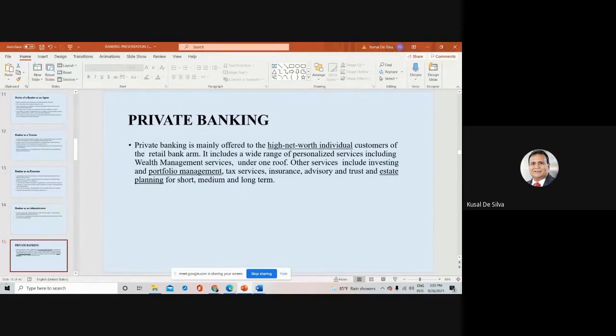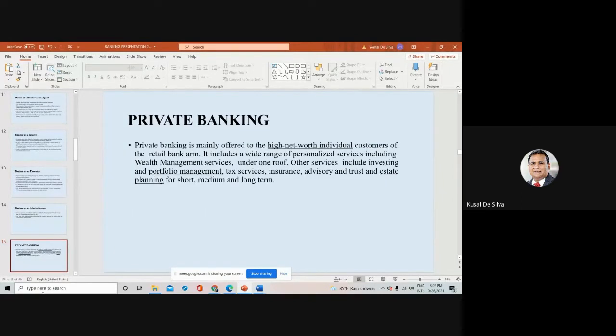They provide a lot of personalized services: wealth management, investment and portfolio management, tax services, insurance, advisory, trust and estate planning for short, medium as well as long term. It all depends on the bank. Some banks don't have the expertise to provide all these services.